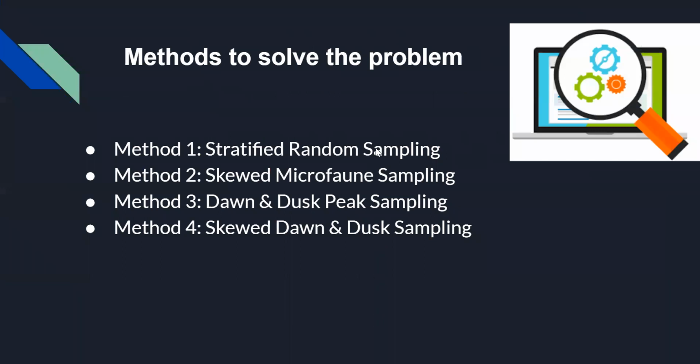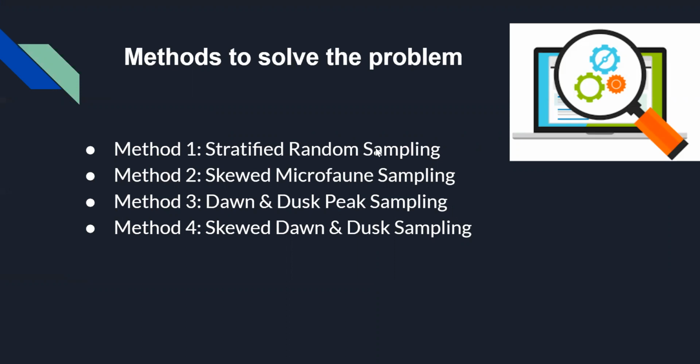And we have four methods to solve this problem. The first method is just stratified random sampling. The second method is skew microfauna sampling. Microfauna is a machine learning model, and this model could predict the probability of bird existence in the audio clips. So we could use a global score of the microfauna model to select the subsets.